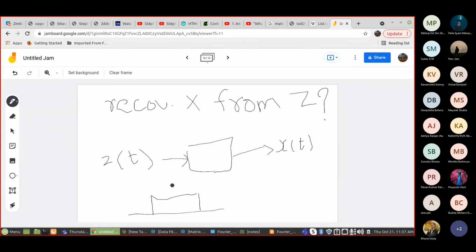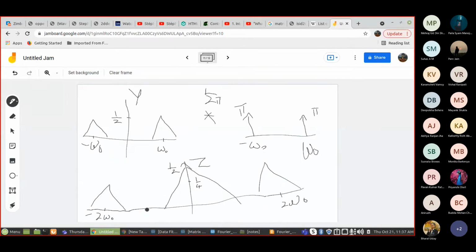So somehow, if you can design a system having this frequency response, which we draw as a dotted line, which only retains this part, then you can recover x back from there.